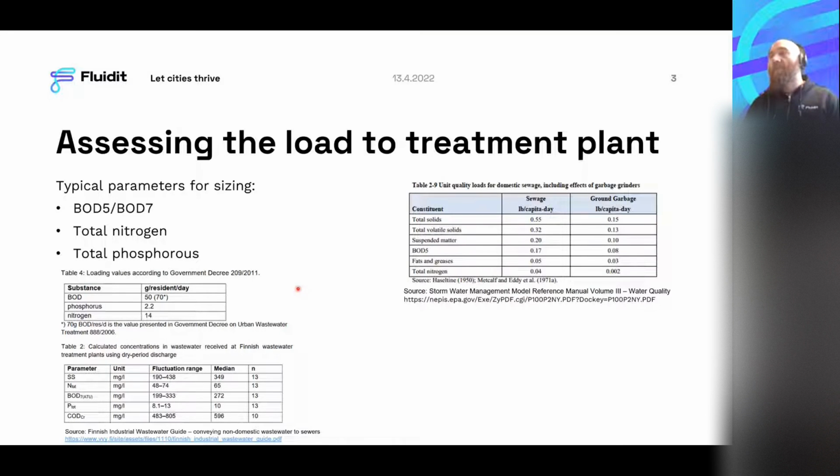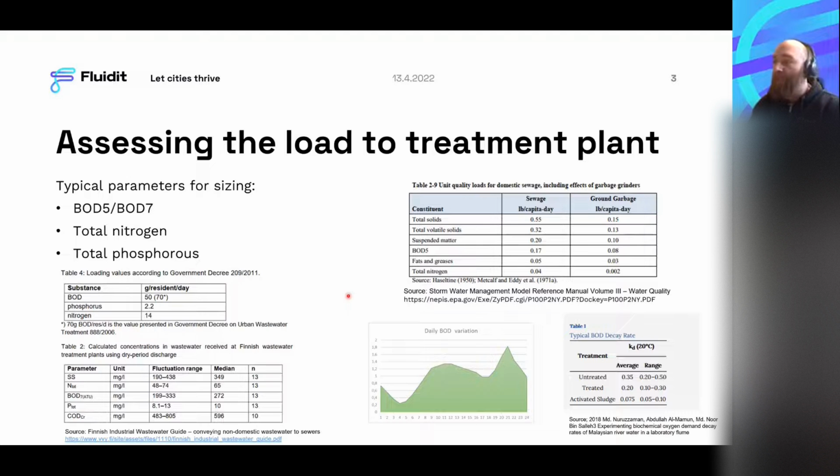So for example, in the States, these are a bit higher because they have ground garbage in their sewage disposal. So there's more organic matter in those types of systems. In my modeling, I will use these Finnish values, but I think you can find other values online as well.